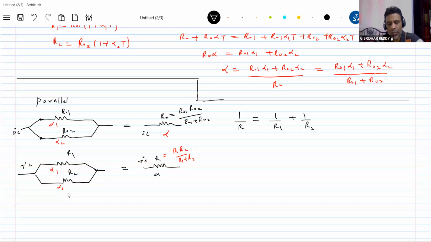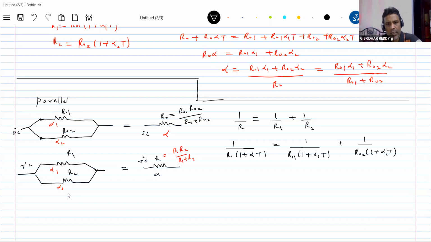Okay, work out now. So what is 1 by R? I can write it as 1 by R equals 1 by R naught 1 (1 plus alpha 1 T) plus 1 by R naught 2 (1 plus alpha 2 T).